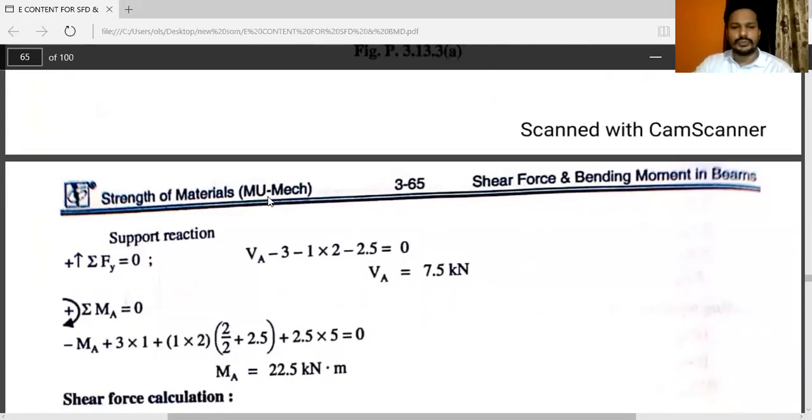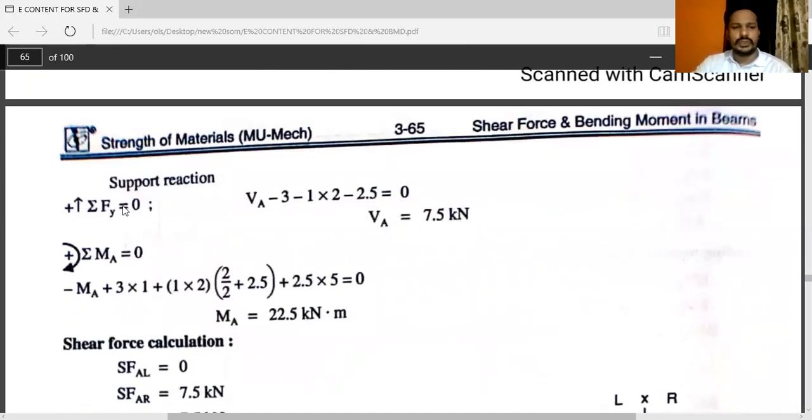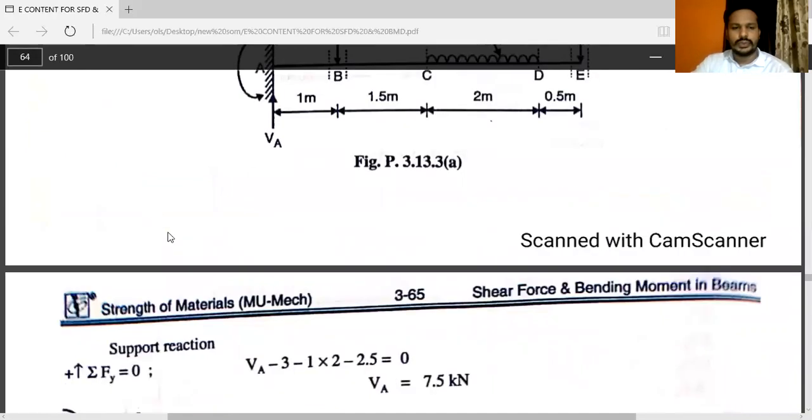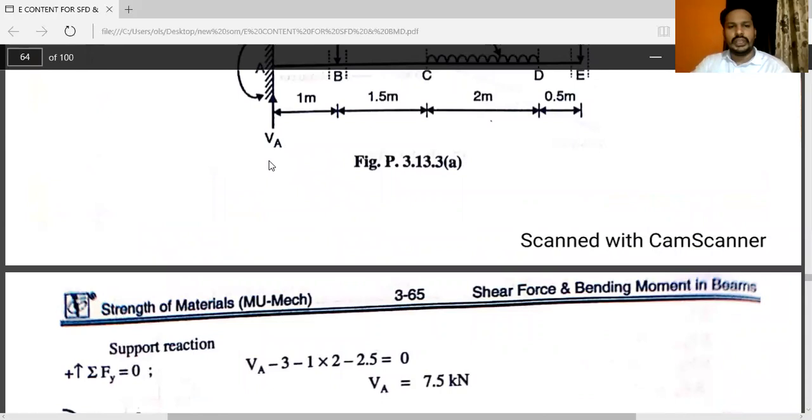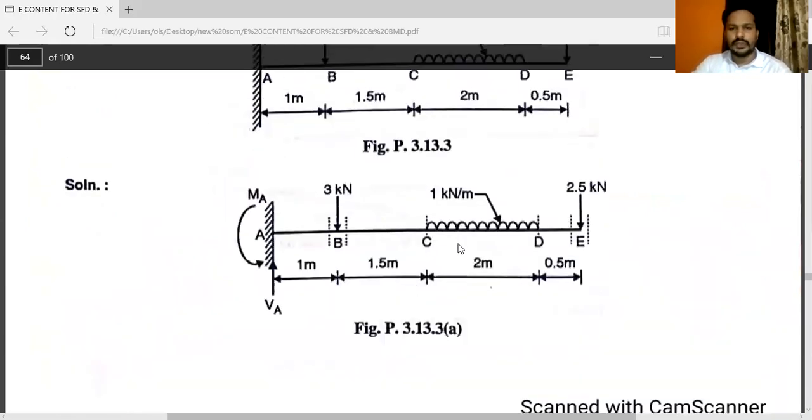So by using support reactions, summation of Fy is equal to 0. You can see VA is acting vertically, towards the upward direction. So plus VA minus, at point B, 3 kilonewton is acting, so minus 3, minus, from C to D there is 1 kilonewton per meter UDL.